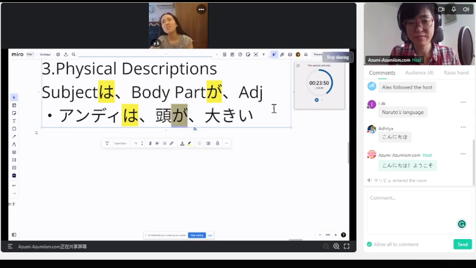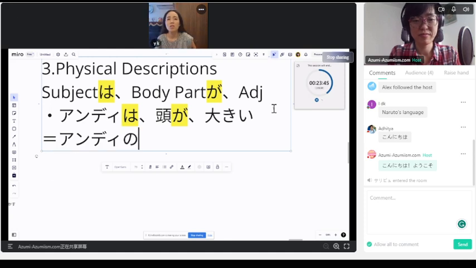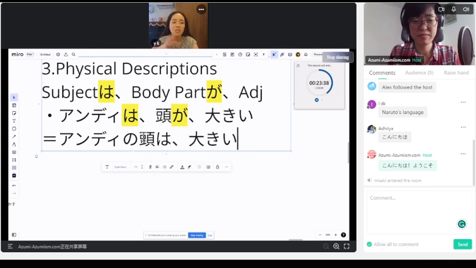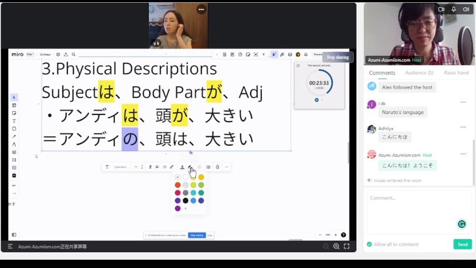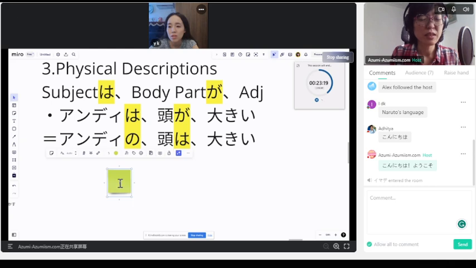Many students who learn Japanese say Andy の頭は大きい。But it's more natural to say Andy は頭が大きい。So meaning wise, do they have a difference or not?